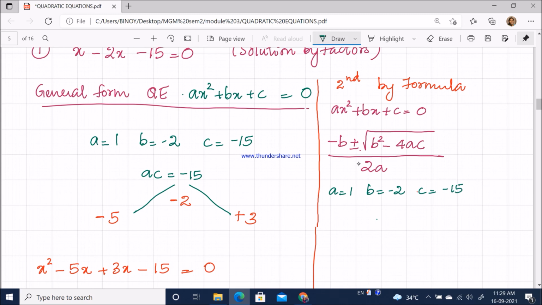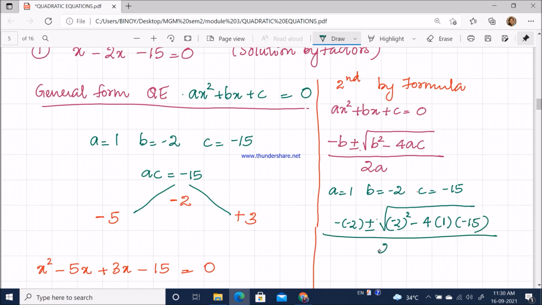Okay, now substituting. Minus 2 means it will be minus of minus 2, that is positive 2, plus or minus root of minus 2 square is 4 minus 4 into what is the value of a, 1, value of c minus 15, the whole by 2 into 1.